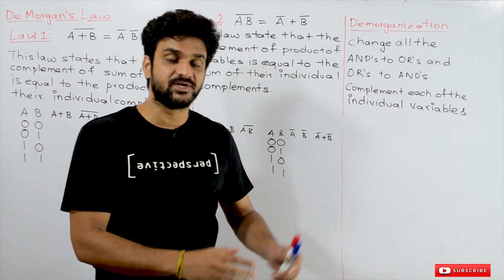Now this De Morgan's law can be extended to any number of variables or any combination of variables. For example, if you take more variables, like the sum of variables a plus b plus c plus d and so on, and find the complement of these variables, De Morgan's law can be applied, which means that it is equal to the product of the complements of the individual variables.